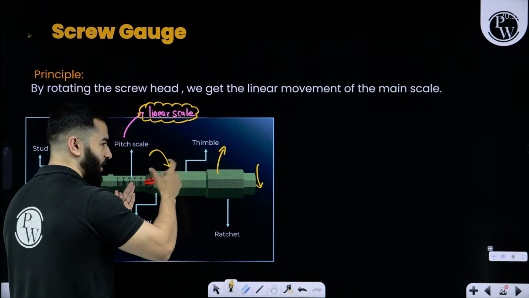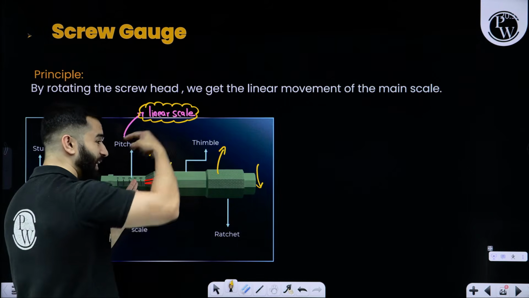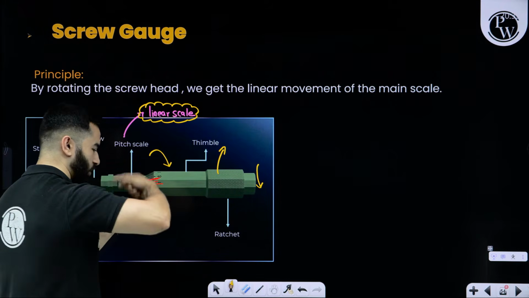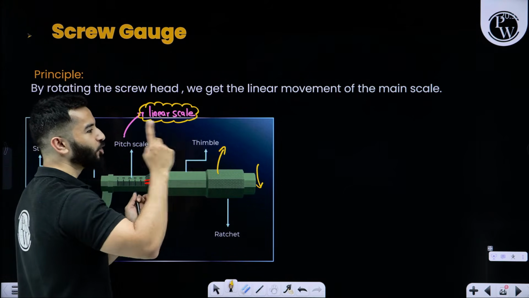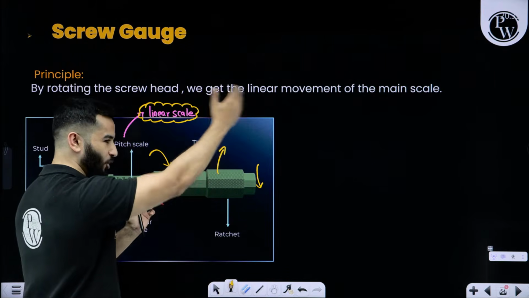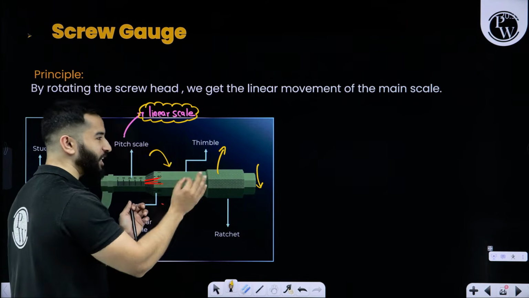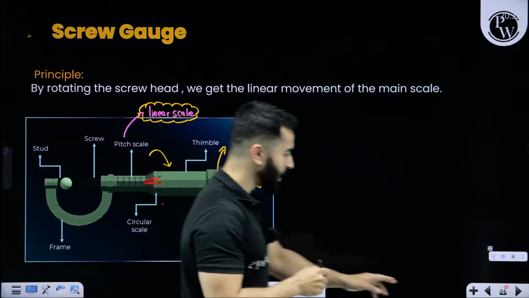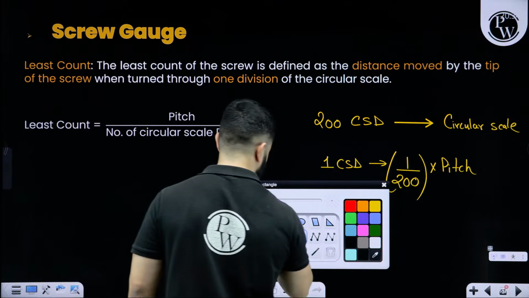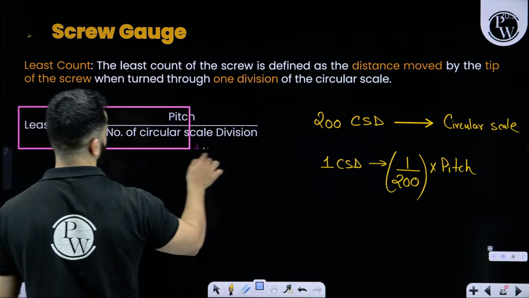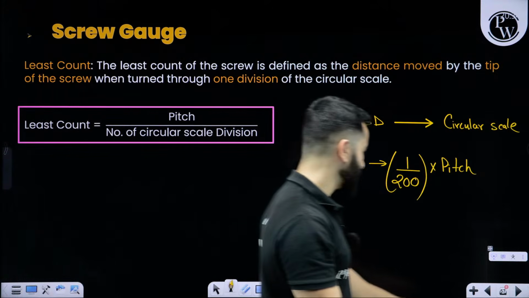So for one rotation it moves 1 divided by 10 millimeter, and in one complete rotation we have got divisions. In one complete rotation, how many divisions are there? 200. So in one division, how much will it move? Pitch divided by total number of divisions. So this is going to be the minimum measurement that you can take. That is why for least count we have a formula: pitch divided by number of circular scale divisions. Clear?